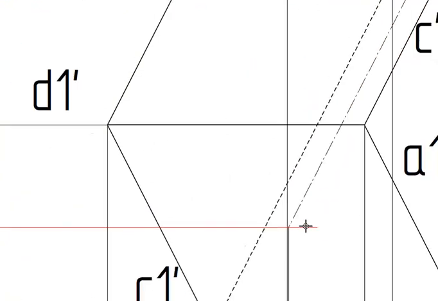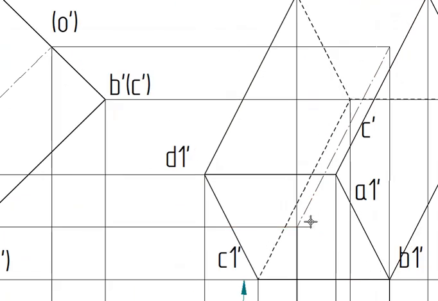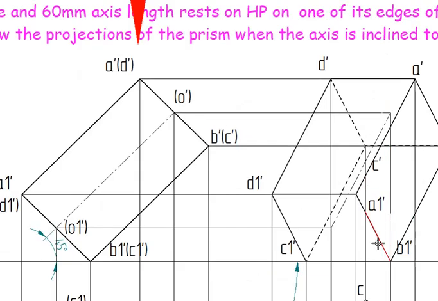If any face contains a hidden line, that means that face is not visible. So here in this case, the line joining C is dotted, so C dash should be hidden. That means the top face ABCD is not seen. That means the annotation, that is nothing but the axis line for this O dash, is not visible.